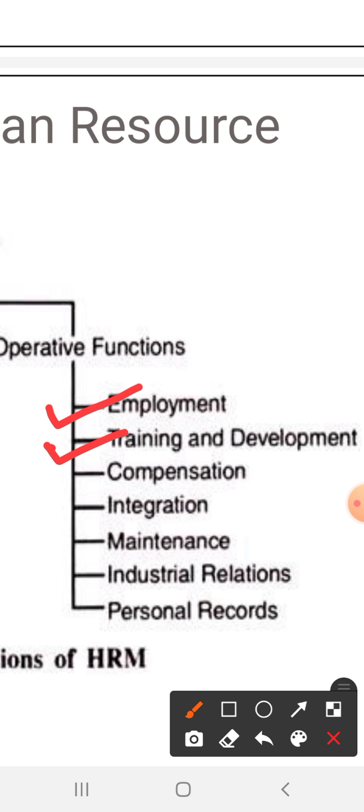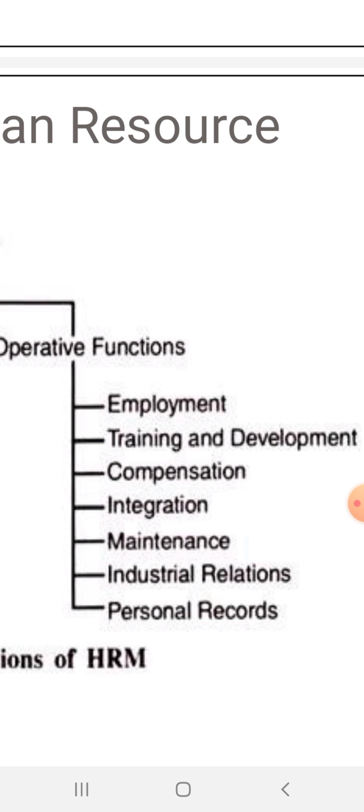Then compensation, that is each employee should be rewarded for the work he or she has done. Integration is working together, collaborative collective working, that is group work, teamwork. Then maintenance of the machineries and any records. Then industrial relations, that is our relation with the customers. And the last one is personal records.